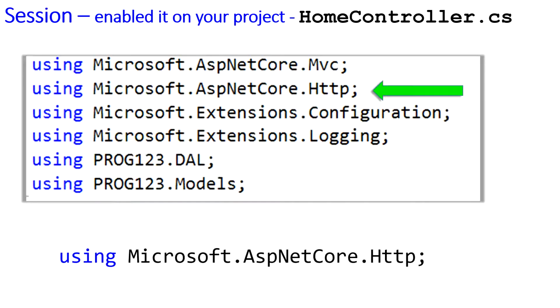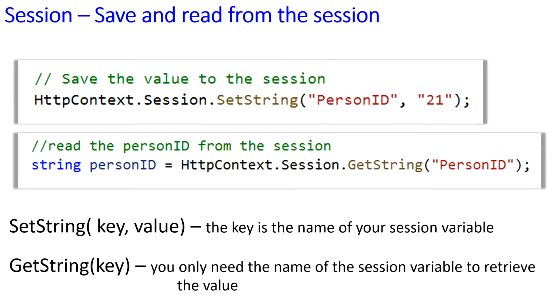To enable session, we have to change the code in a couple of lines. This one here I will change for you. Here's how we save a value to the session, and also how we read a value from the session.